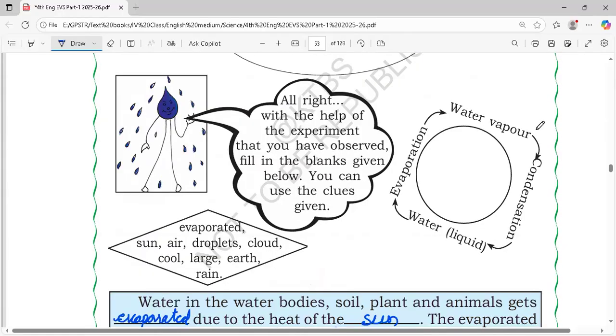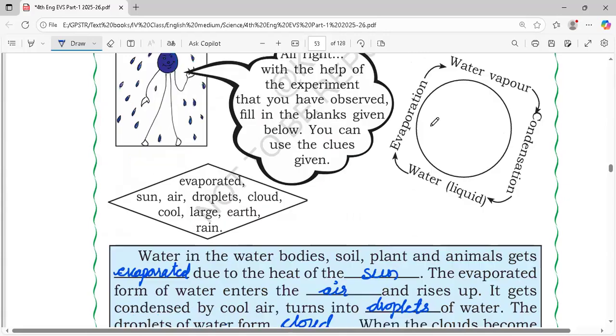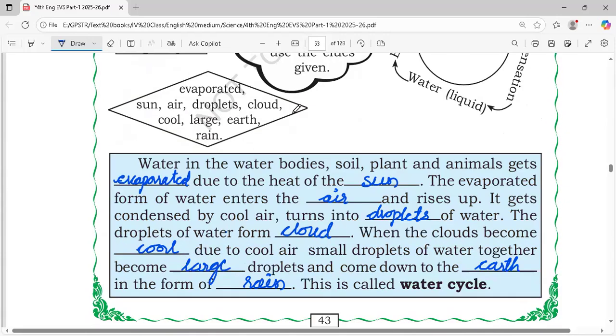Next, this is the process: water vapor, condensation, liquid state, that means water, evaporation, water vapor. This is important.